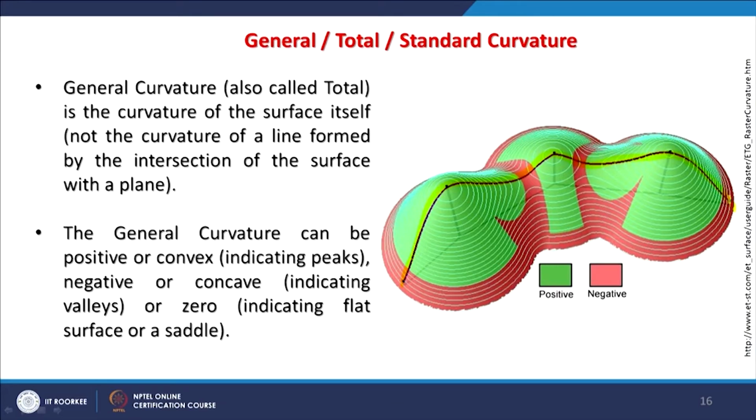So, the general, total or standard curvature can be either positive in case of convex, as you can see here, indicating peaks, or negative, concave, indicating valleys, like here in the middle part. And of course, a value of 0 indicates a flat surface, or a saddle might be a situation with slight changes.